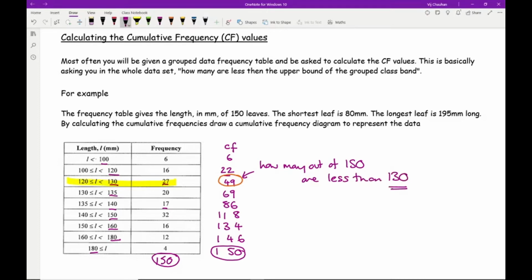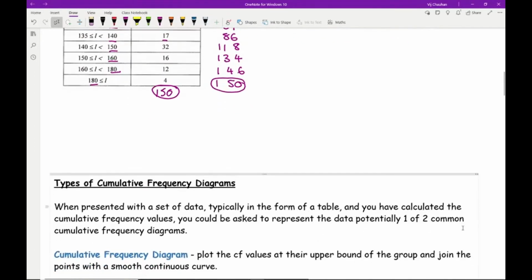And again it's not going to be 27, because I need to add all the other groups, which are also less than 130, so you need to add those along, and if you add them all up you're going to get 49. So once you've got your cumulative frequency values, we now need to go about plotting it. So let's have a look at how we do this.